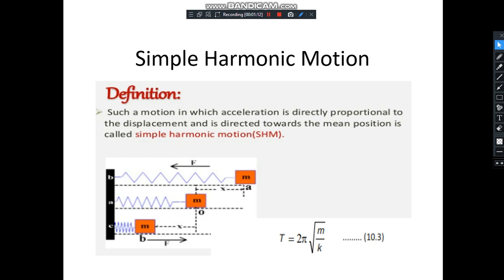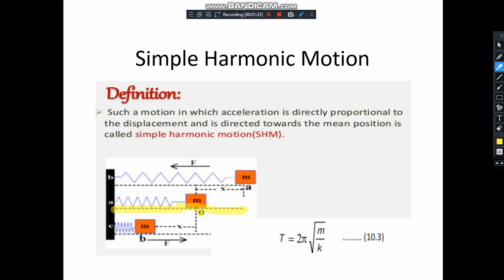In this example, you can see the mass attached to a spring at its mean position, because at this position there is no force applied on the mass.